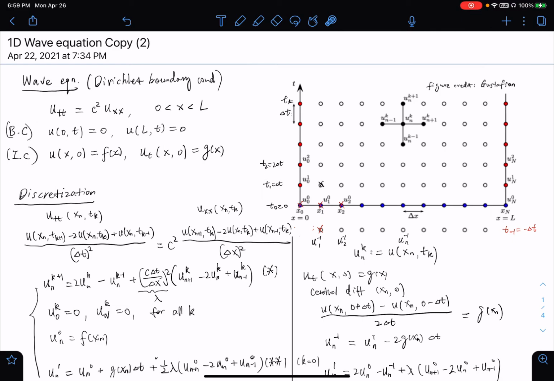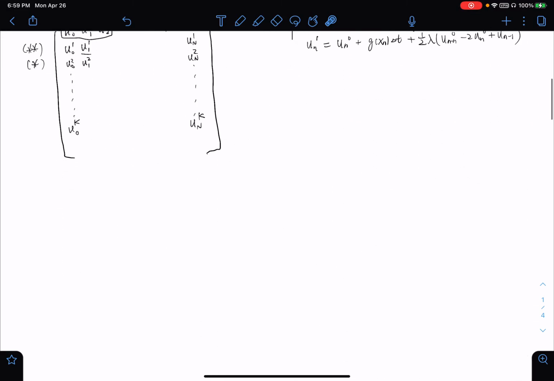for this PDE problem. There is a similar stability condition as we have discussed in the case of the heat equation. So the condition for the wave equation is as follows.